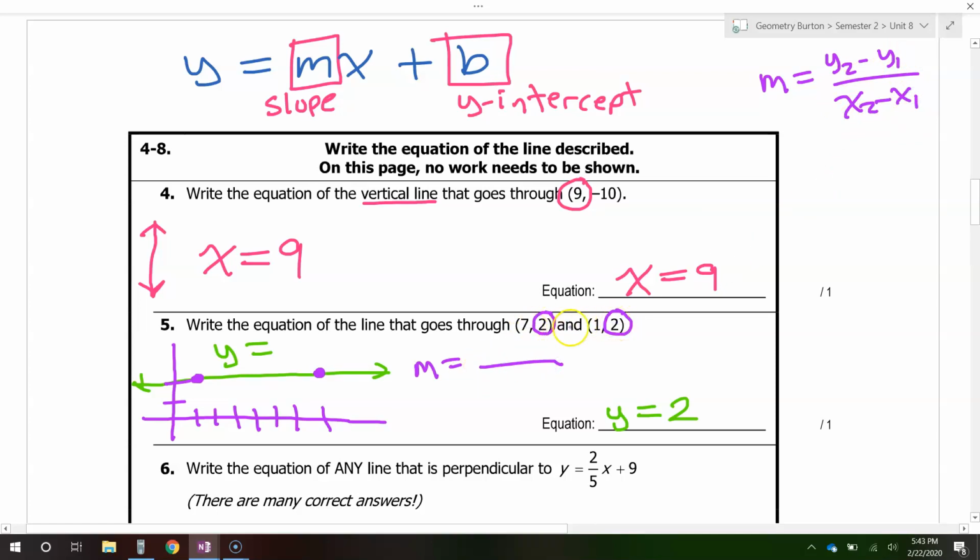Then you would immediately run into 2 minus 2 over 1 minus 7. That would be 0 over negative 6, which means that the slope is 0. So if the slope is 0, again, you know it's going to be a horizontal line, which leads you to y equals 2.